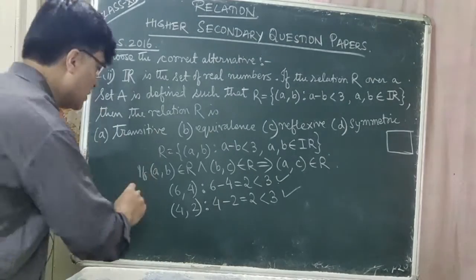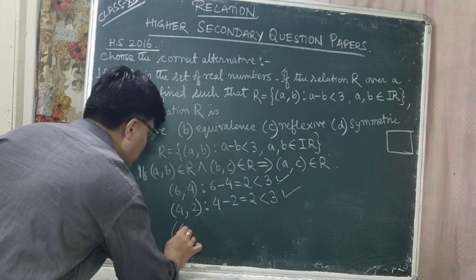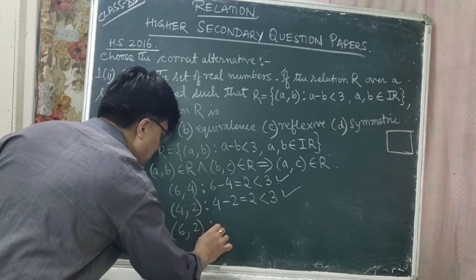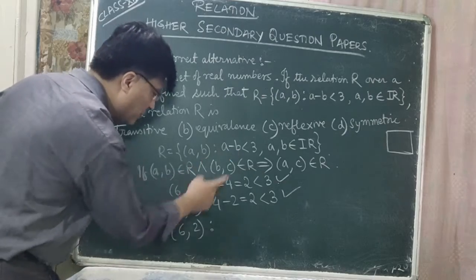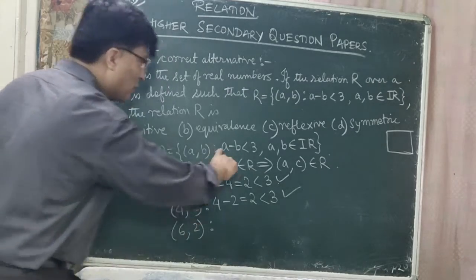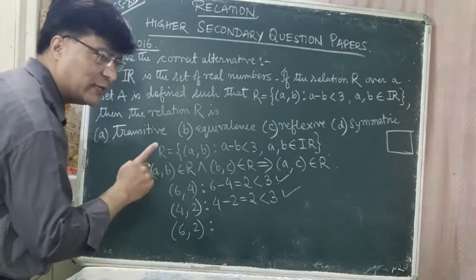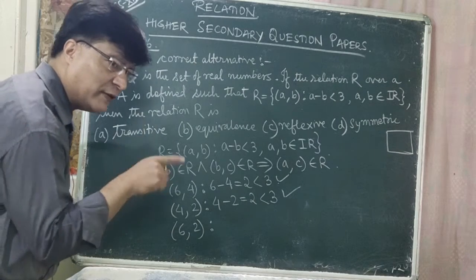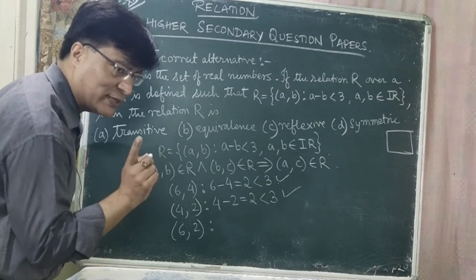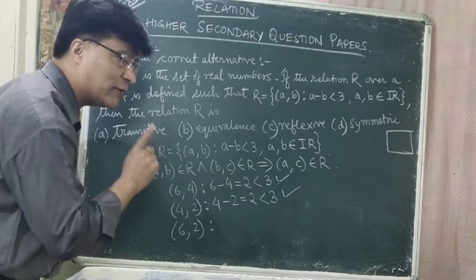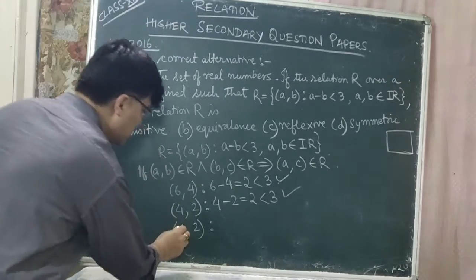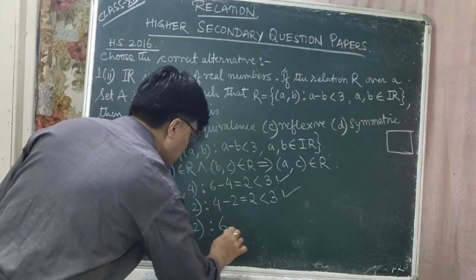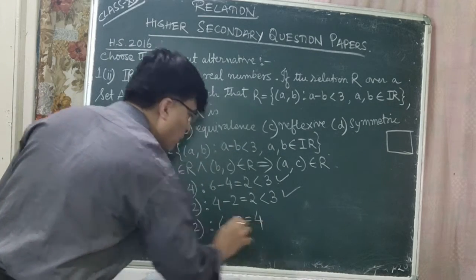Is that clear? So now let us check for (6, 2). Here a is 6, b is 2. Let us check whether a minus b is less than 3 or not. If a minus b is less than 3, it is transitive. But if a minus b is not less than 3, it is not transitive. So what is 6 minus 2? 6 minus 2 is equal to 4.